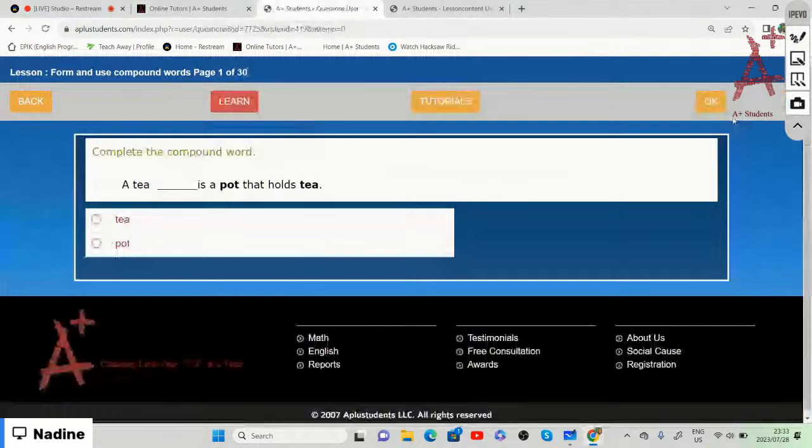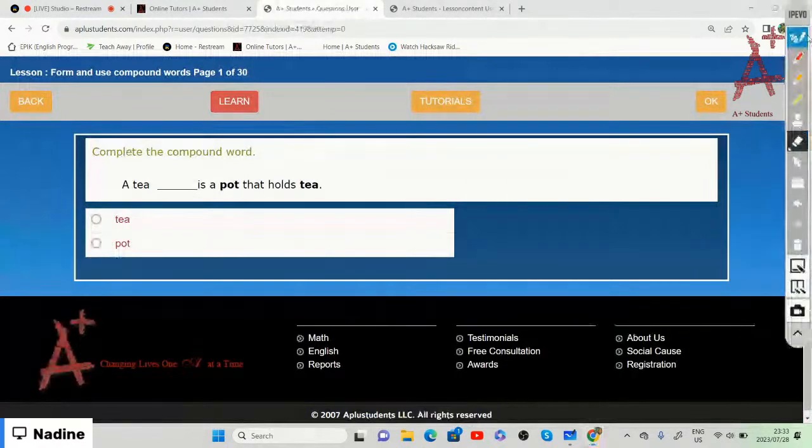Or what pot holds tea? So basically, a tea is a pot that holds tea. And we need to specifically look at the words that are in bold, right? Pot and tea, right? And then we need to put them together in order to make a compound word. So if we put the two together, it means that it will be a teapot.